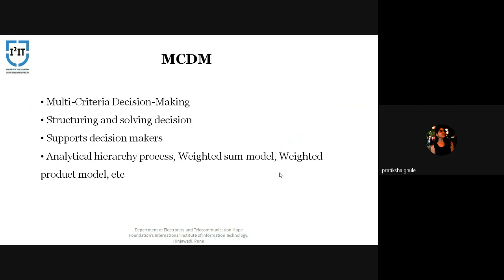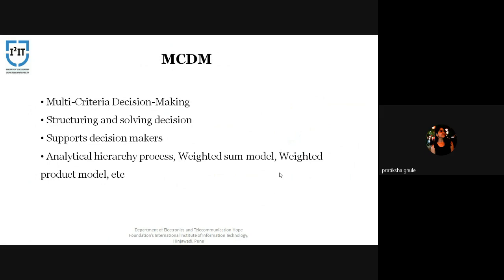When we want to find the solution for any kind of problem, we need to take different alternatives, different kinds of solutions, into consideration. And for choosing the best solution for that problem, we use multi-criteria decision making. It is basically concerned with structuring and solving the decision.